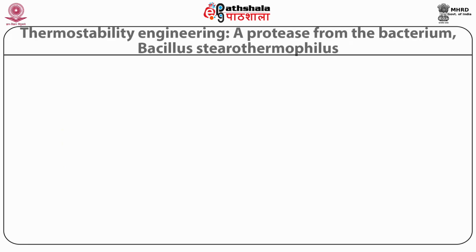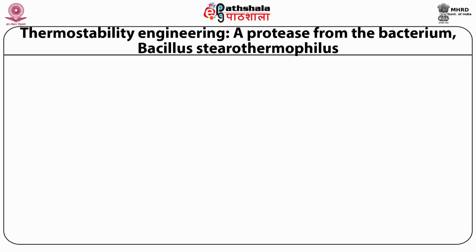Now that we are aware of a number of factors and structural properties which lead to the thermostability of a thermostable enzyme, there can be an effort to make those modifications in normal enzymes and increase their stability.